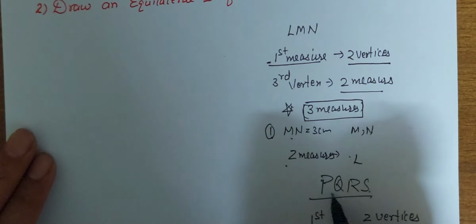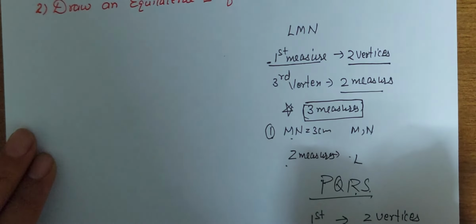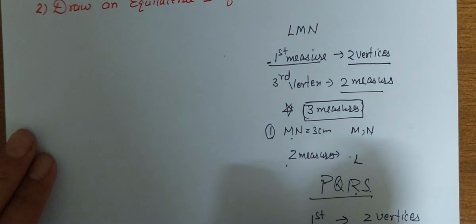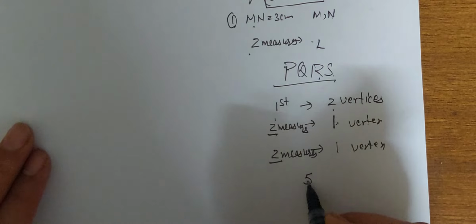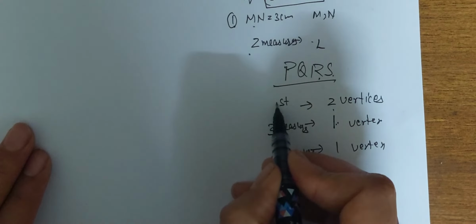Now how many vertices are left? 2 more, and for each vertex we need 2 measures. Okay, so in total how many measures? 2, 2, 4 and 1, 5.